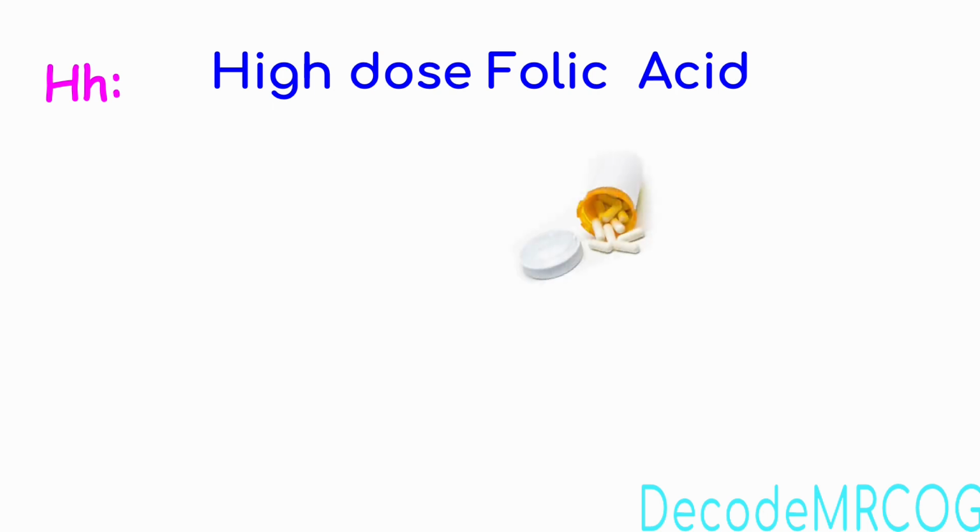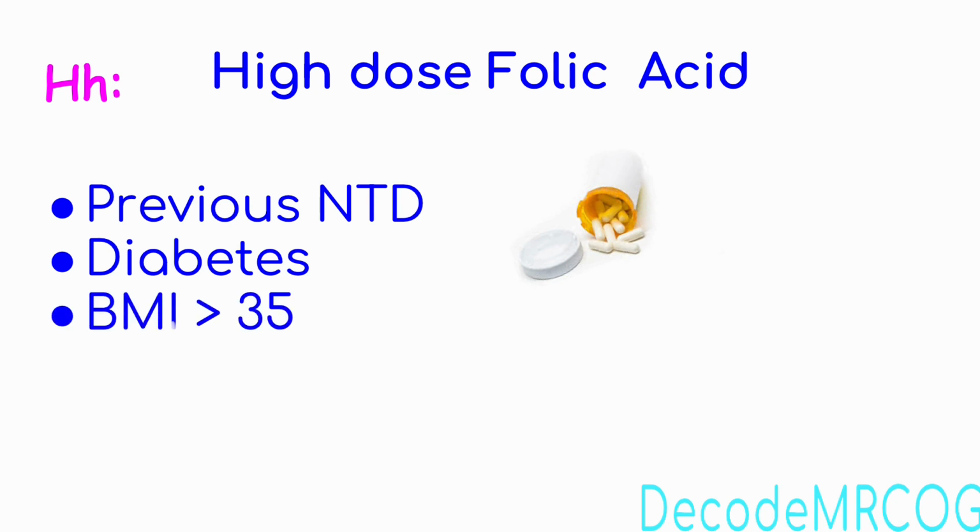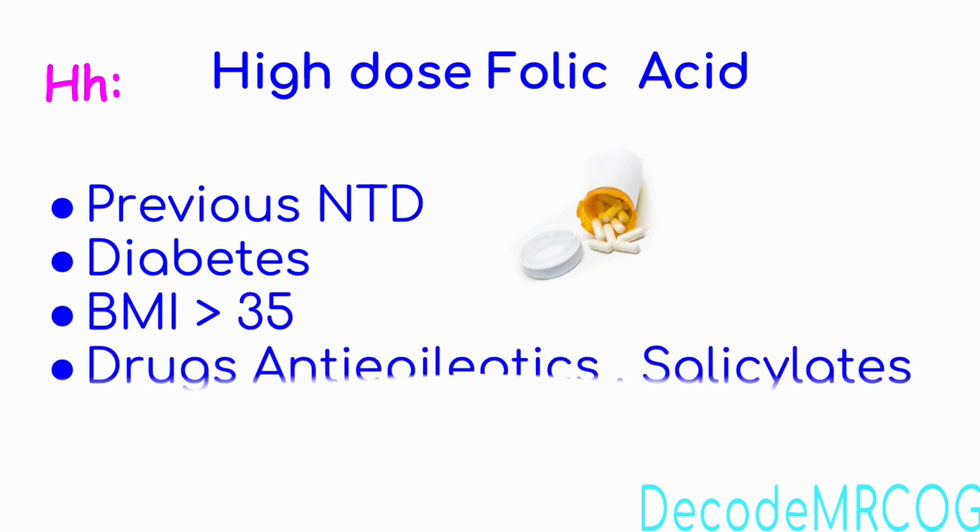What are the conditions where you will be prescribing high dose folic acid? Previous neural tube defects, diabetes, BMI more than 35, drugs, especially antiepileptics and salicylates, and malabsorption syndromes.